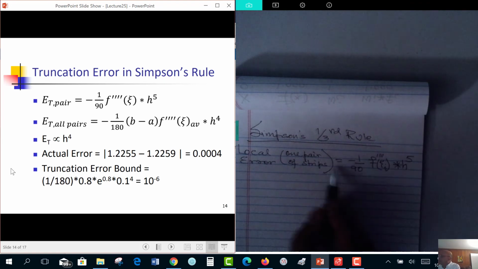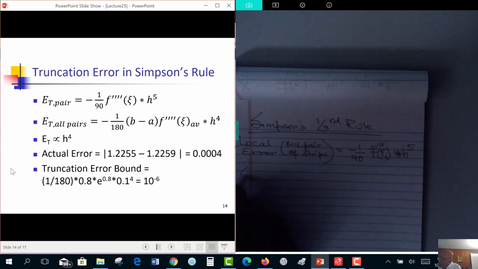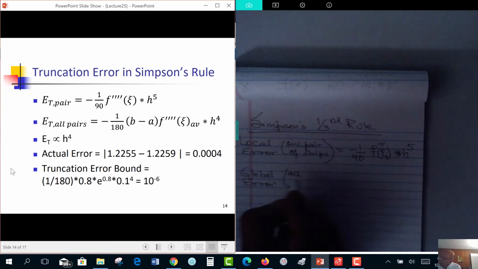So when we multiply this by n by 2, because remember we have n by 2 pairs of strips, we will get global error, which is all n strips. Remember, n by 2 pairs.